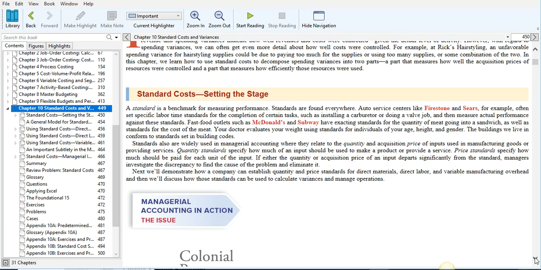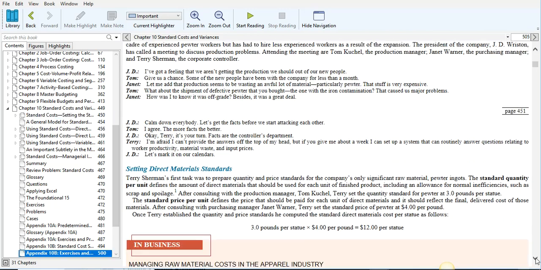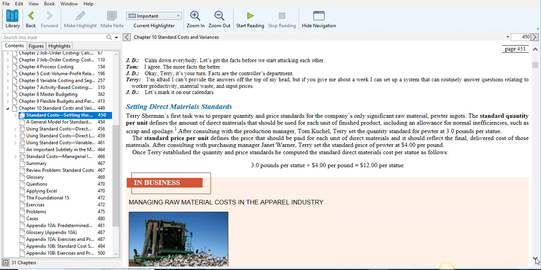They set standards many times by looking at past experience and having what used to be called time efficiency studies done in order to figure out, okay, what can we actually do, what level of commitment do we need in hours and material to do the work, and what prices are we going to have to pay for that. So we're going to set a standard price that we're going to pay. We're going to set a standard quantity that we're going to use. We're going to set a standard labor rate, and we're going to set a standard labor amount of time.